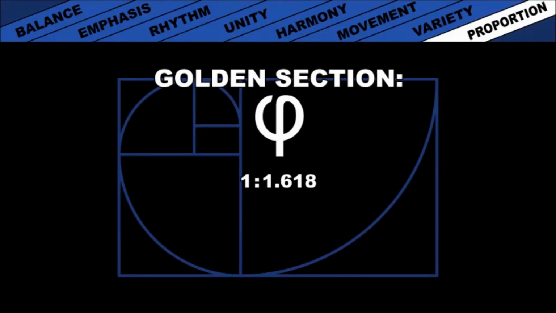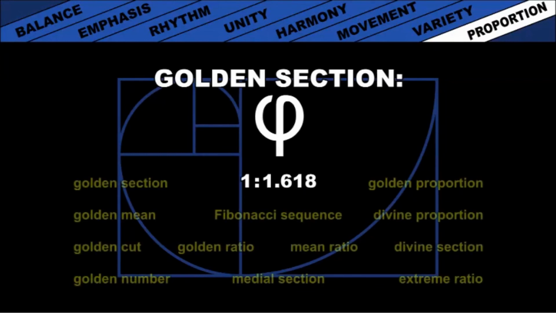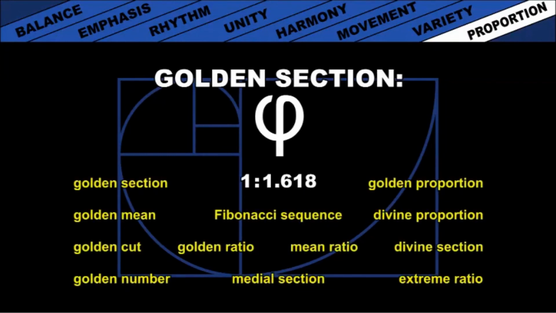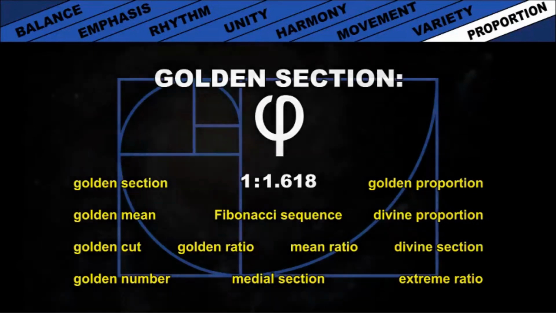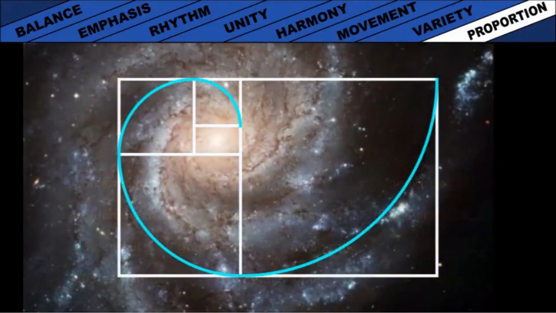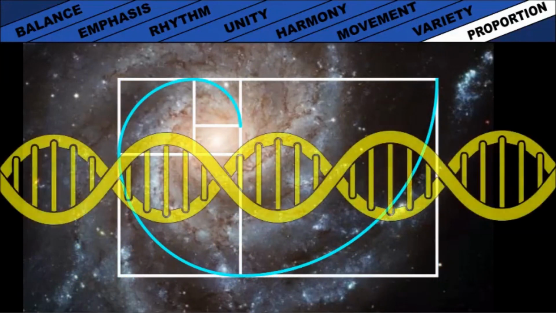Artists sometimes use the golden section to determine proportions within their artwork. The golden section is known by many different names and can be described as a ratio of 1 to 1.618. The golden section proportion can be found frequently in nature, from the spiral shape of a galaxy to a strand of DNA.